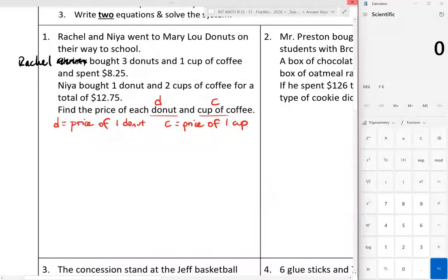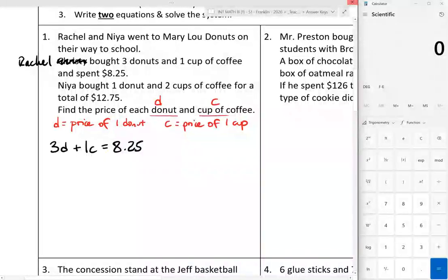All right, well, now we have to write the actual equation. So in a problem like this where you have 2 people going shopping, essentially, you can write an equation that just totals up what they buy and the quantities of what they bought equal to their total bill. So for Rachel, we have an equation that's going to be 3D, that's 3 donuts, plus 1C, that's 1 cup of coffee, and that's going to equal $8.25.